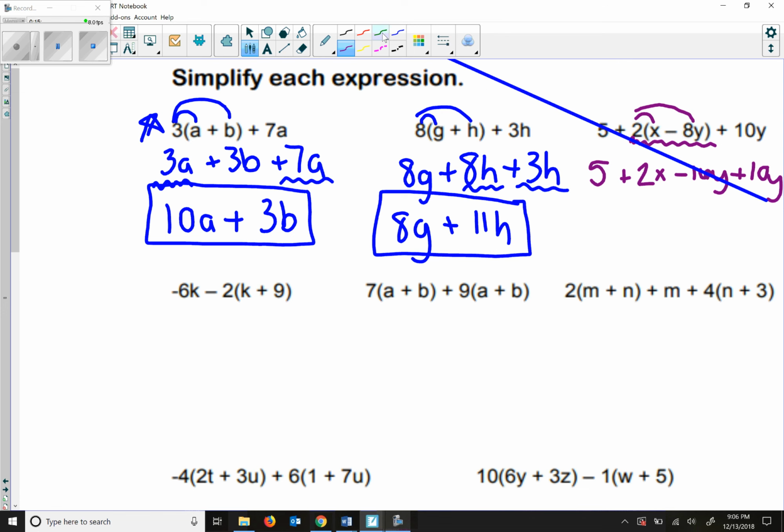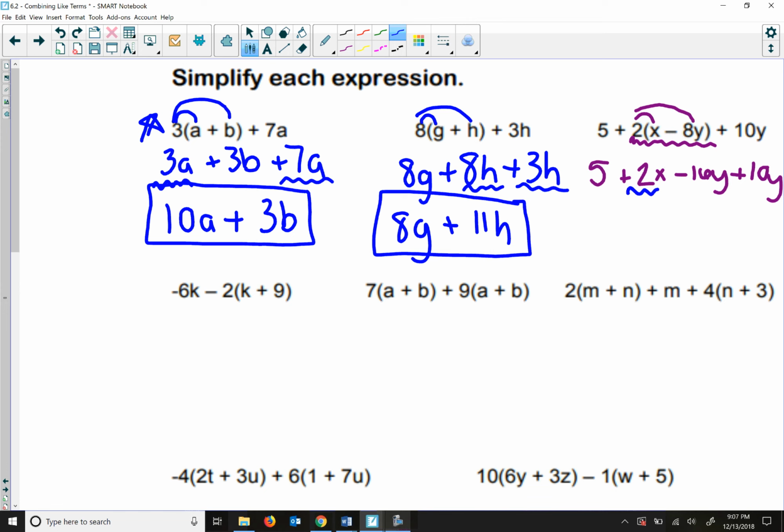Okay, now we've got to search for those like terms. Whoops. Don't know what happened there. There we go. Okay. So we have to search for those like terms again. Okay. So let's see. Any other x's that I can see? Nope, no more x's.